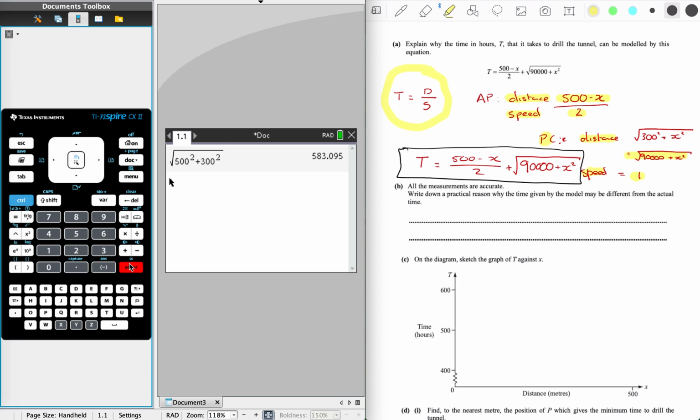Okay, part B. All the measurements are accurate. Write down a practical reason why the time given by the model may be different from the actual time. Lots of questions about this one. When I look at the mark scheme, it talks about anything that may hold it up.